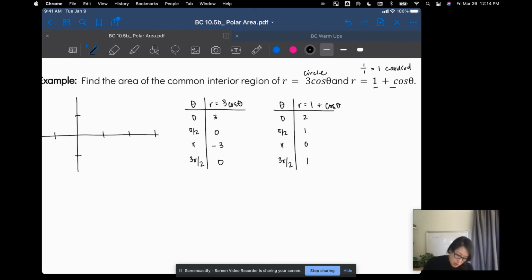Okay. So for the circle, it faces the positive x-axis. So I have a radius of 1, 2, 3. I'm going to keep my radius of 1, 2, 3, just so I can draw a little bit nicer circle here.